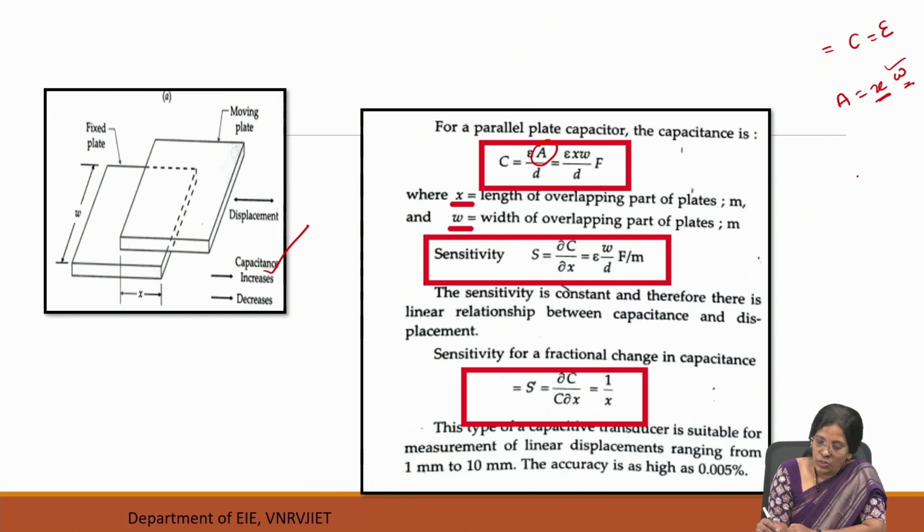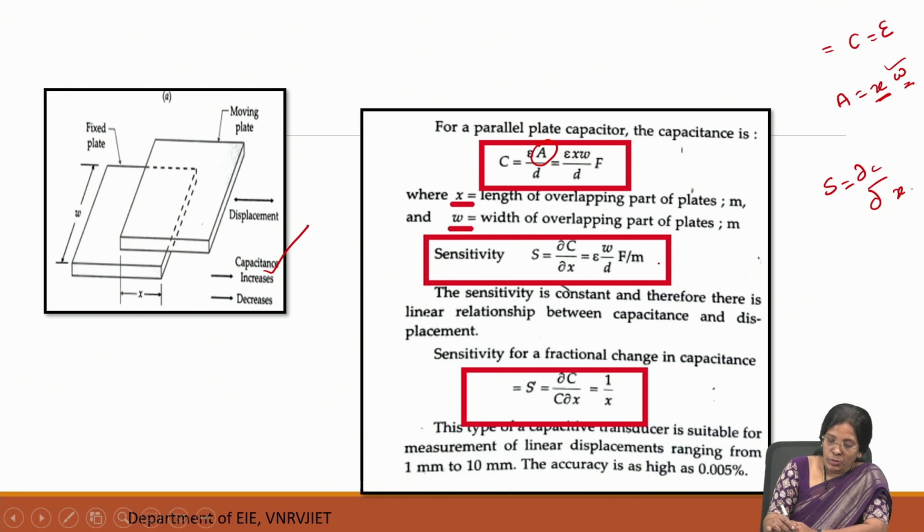Now the sensitivity S is equal to dou C by dou X. From our formula, C is equal to epsilon X W by D, so dou C by dou X is equal to epsilon W by D, in Farad per meter.